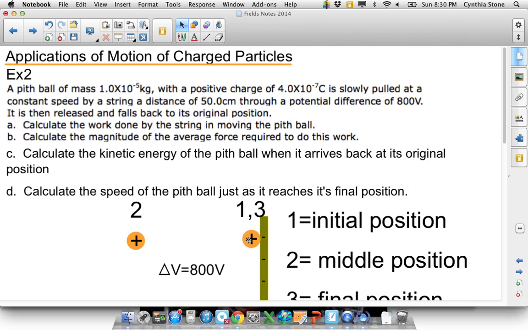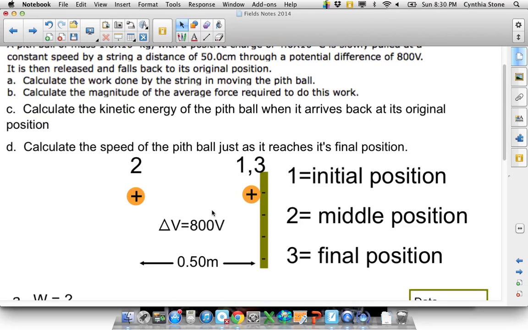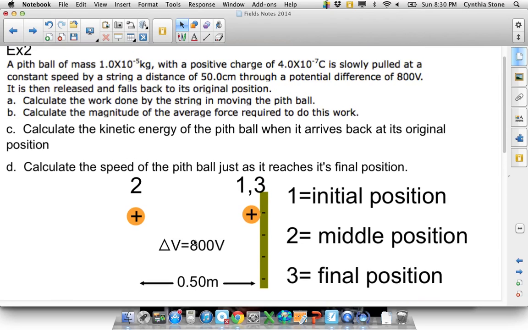But if I had to work to pull it somewhere through a potential difference, it means that I was working against an electrical force. Anyway, my picture here shows the start and finish position. But partway between start and finish, it got pulled away to here, half a meter away and through that potential difference.